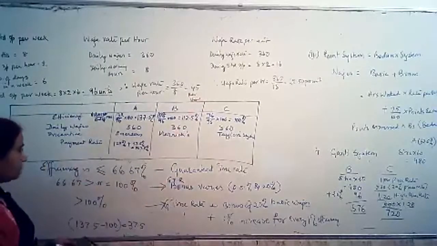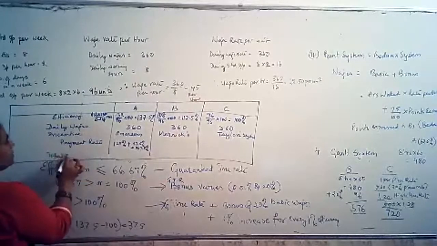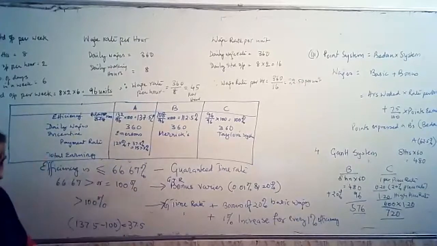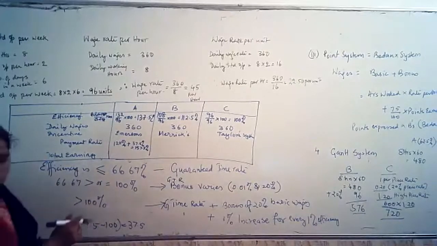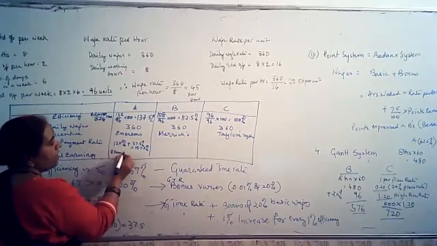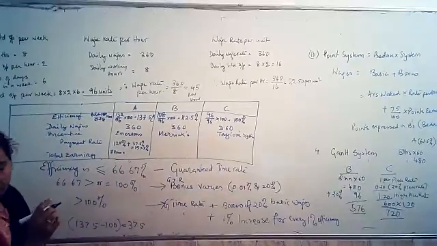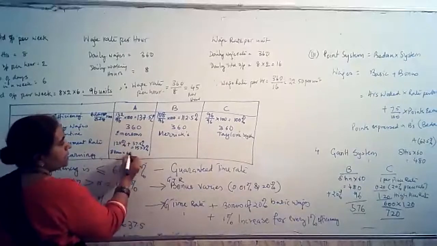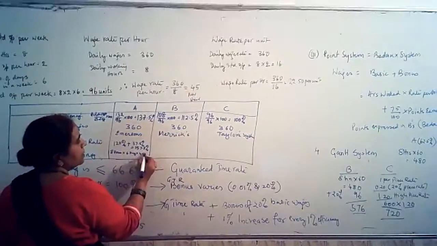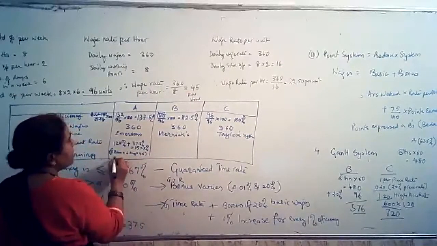So his total earnings will be 8 hours, paid for every day, for 6 days, at the rate of 45 rupees. The whole will be multiplied by 157.5%.